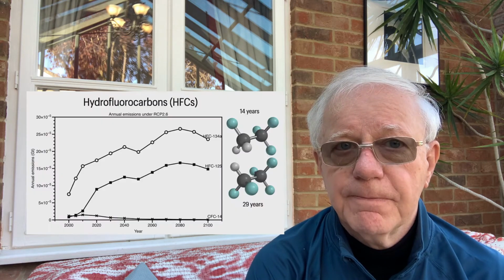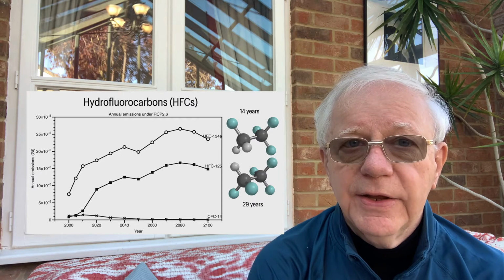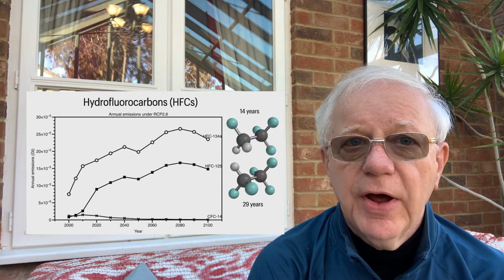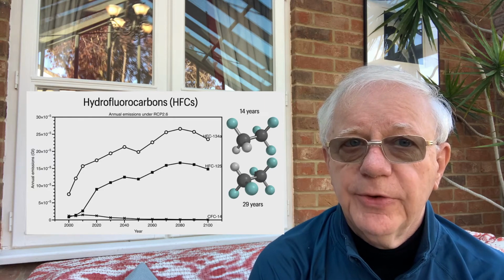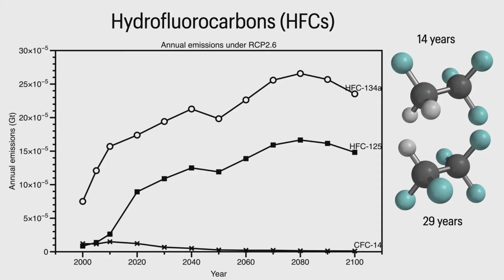The C-H bonds provide different degradation mechanisms, and the lifetimes of these hydrofluorocarbons, HFCs, are significantly reduced, more like those of methane. These are now widely used, so when one scenario for a target of 1.5 degrees C temperature rise by 2100, which is termed RCP 2.6, was drawn up, it allowed for increased emissions of these HFCs.